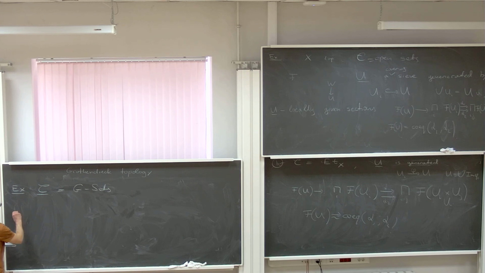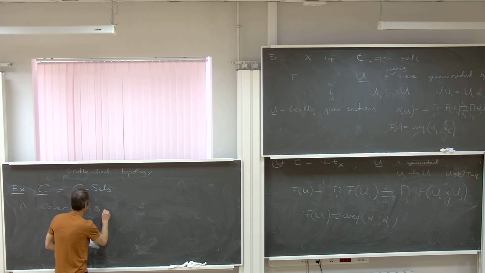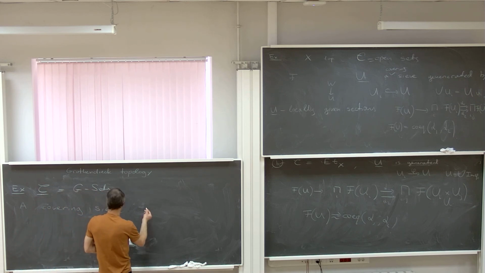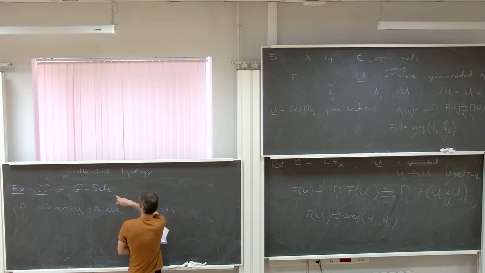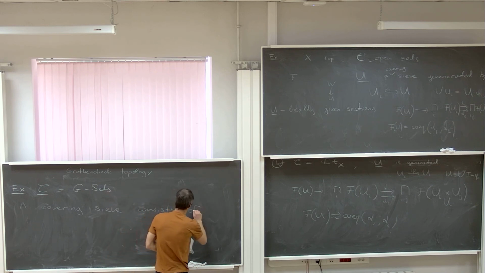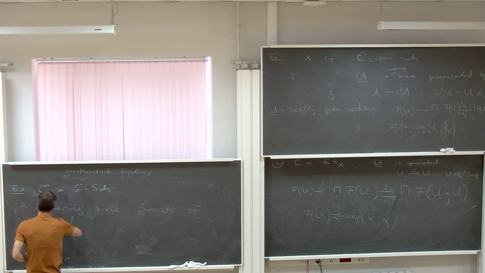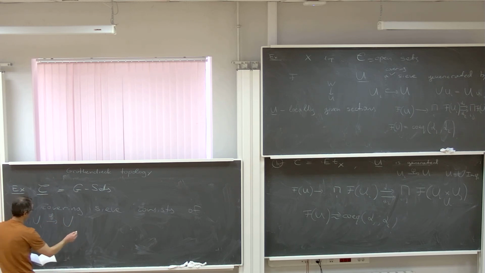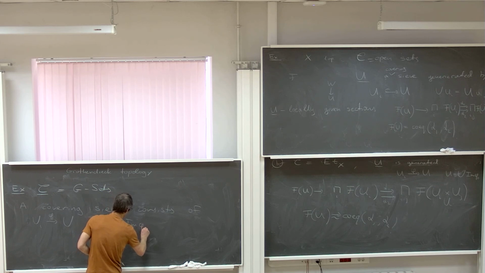What is a covering? By definition, I define a Grothendieck topology on C by declaring that a sieve is a covering sieve if, these being G-sets, the union of the images of phi is everything.